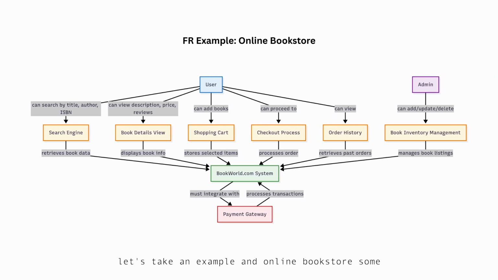Let's take an example: an online bookstore. Some of its functional requirements might be: users must be able to search for books using different criteria like title, author, or ISBN. Users should be able to view detailed information about a book, including its description, price, and customer reviews. Users need to be able to add books to a virtual shopping cart.